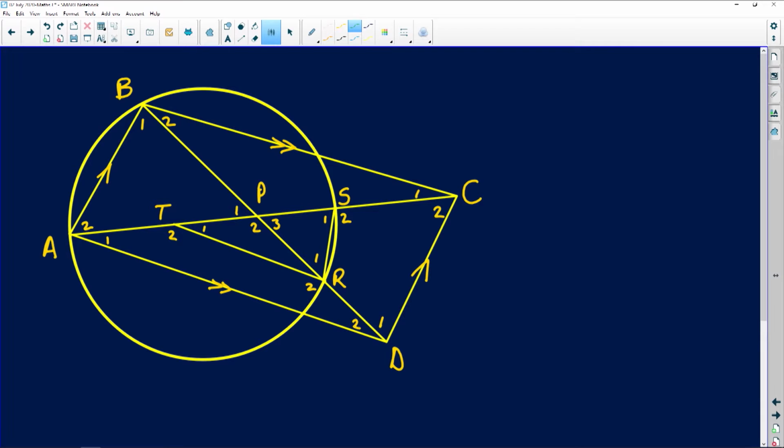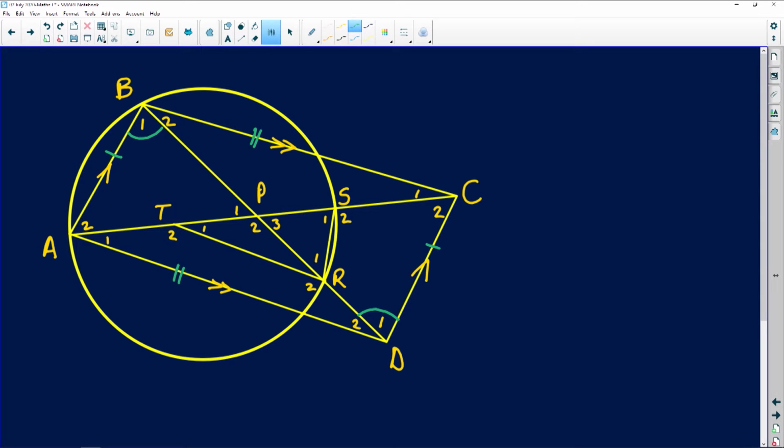This is a parallelogram, meaning that this side is indeed equal to that side, and that side is equal to this one. I've already indicated that they are indeed parallel. We also know that this angle here is equal to D1. Why is that so? Well, here's the parallel lines, and the diagonal forms the transversal. So those are alternate angles.